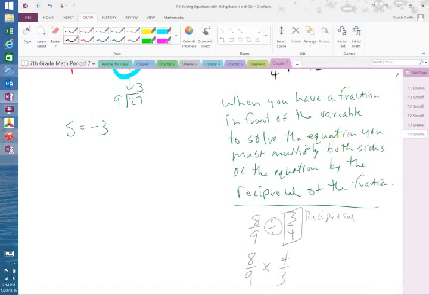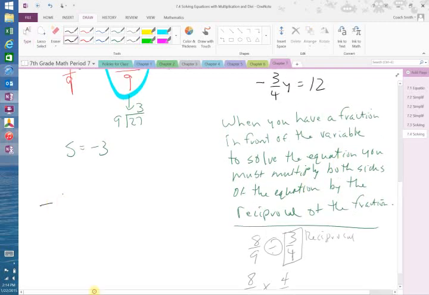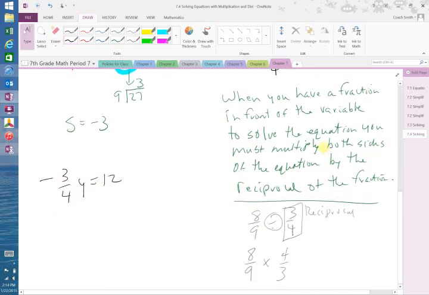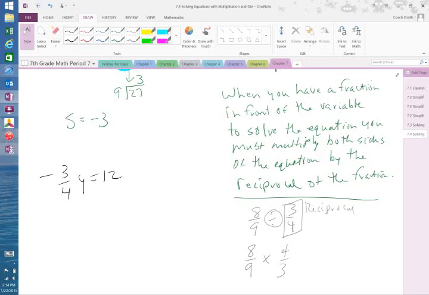I'm going to rewrite the equation over here so I can get it all on one screen. With the equation -3/4 y equal 12, what are you doing mathematically in that problem? Am I multiplying or dividing? I'm multiplying. 3/4 times y. That's what that says.